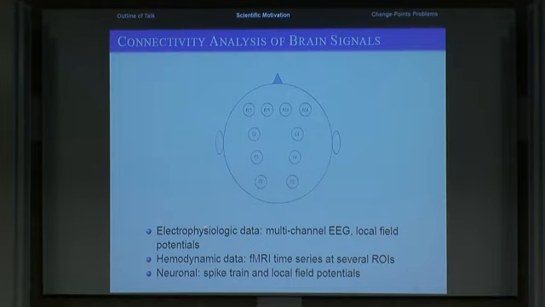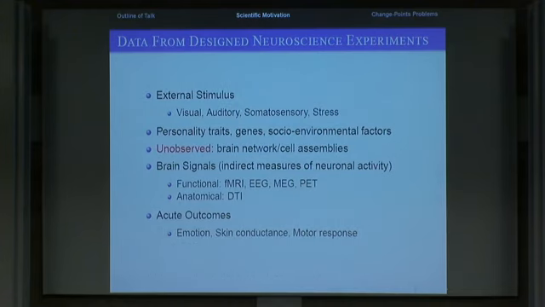Okay. So there are other spatiotemporal data. You have the hemodynamic, so these are the fMRIs. We have the neuronal data. This actually is a direct recording of the neurons, whereas the hemodynamic are simply indirect measures of neuronal activity. Okay. So the data from these experiments typically consist of an external stimulus. We have different types of stimuli.